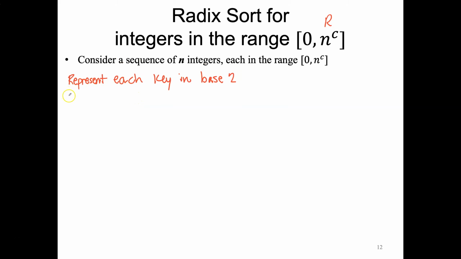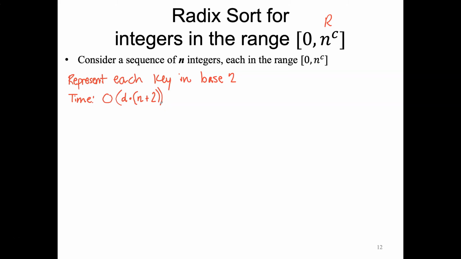So we have our runtime is big O of however many dimensions we have times the cost of bucket sort. So bucket sort is little n plus r, but in this case, if we're representing it in base 2, then all of our keys are either 0 or 1. So we would have here 2. We've got 2 options.